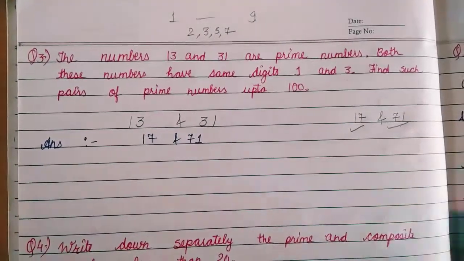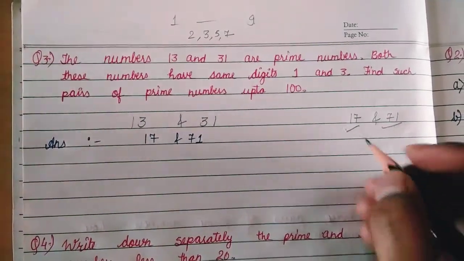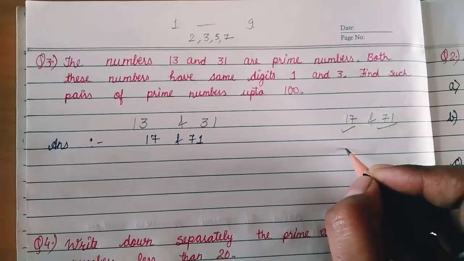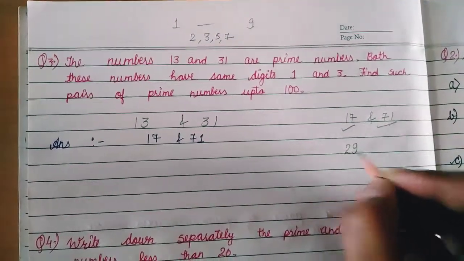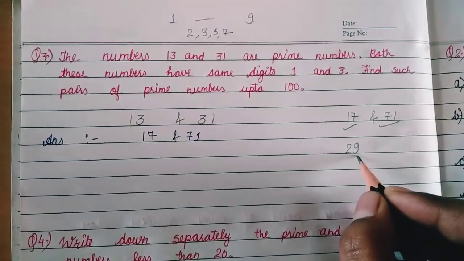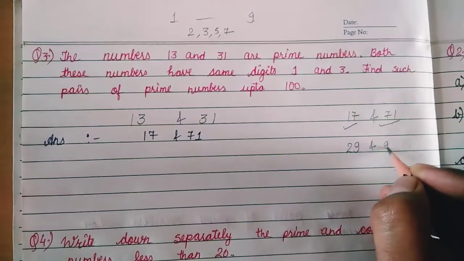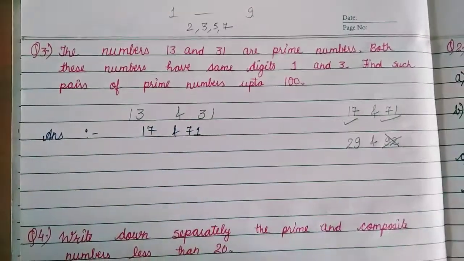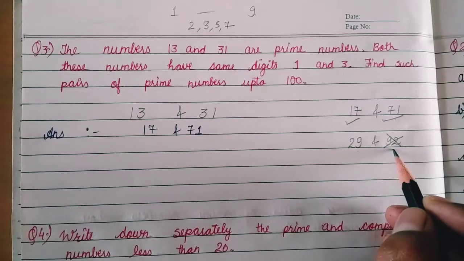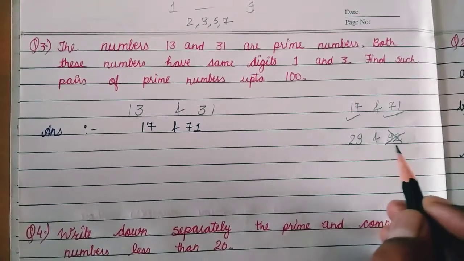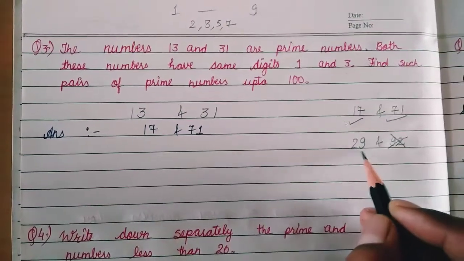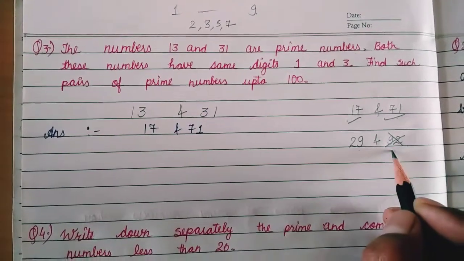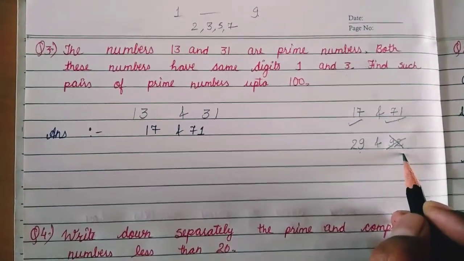Next pair, you can simply take 29. 29 is a prime number, but 92 is a composite number. So we can't take it, we need both numbers to be prime.